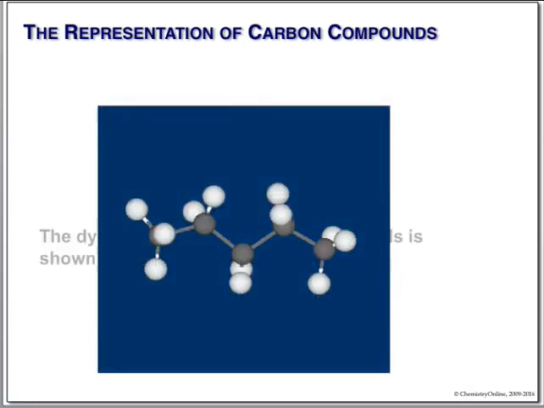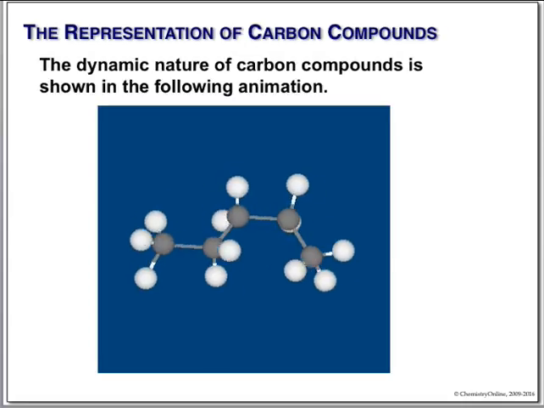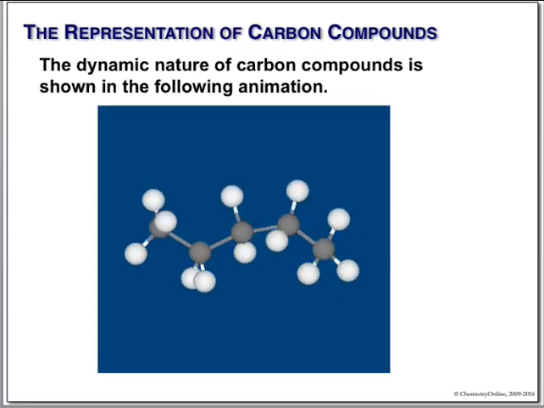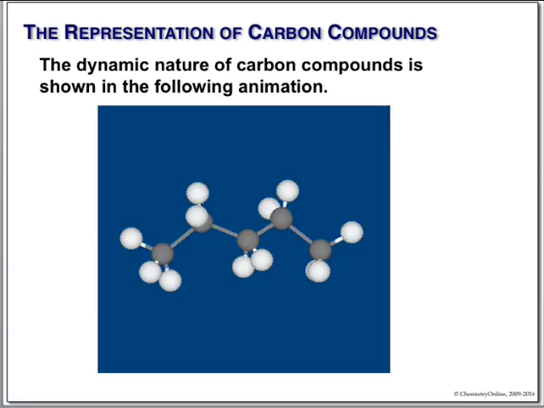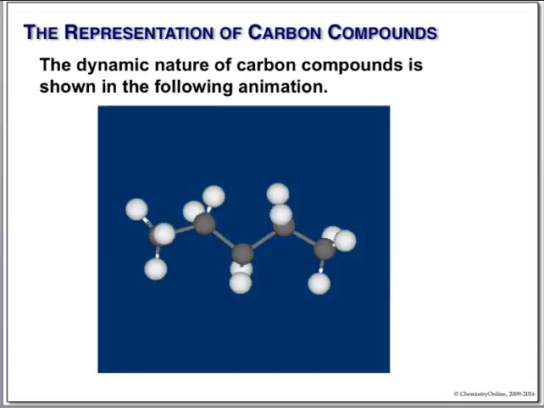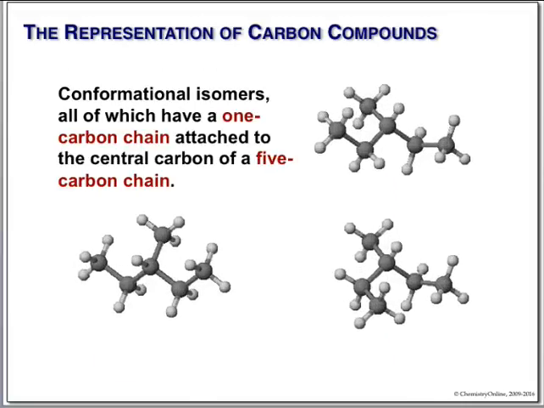Here's our movie. These guys are just moving, they're spinning, they're going back and forth, up and down, all around. Any of those are acceptable conformations. They're all conformational isomers. Here's another way to look at it. Here we have 3 alkanes. They're all 5-carbon chains with a 1-carbon side chain.